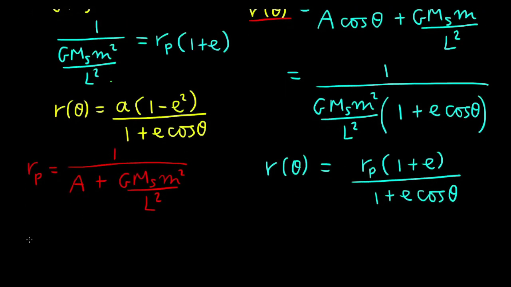So if we solve for a, we just multiply through by the term in the denominator, divide through by rp, and subtract this constant from both sides.